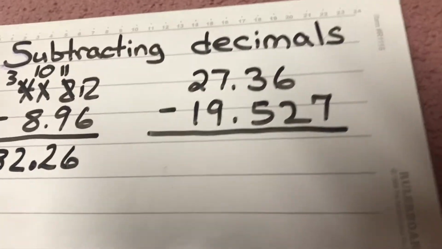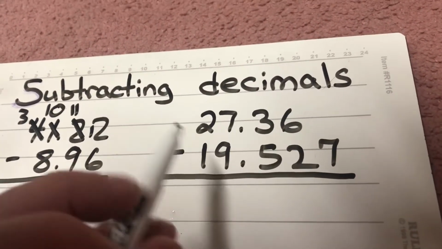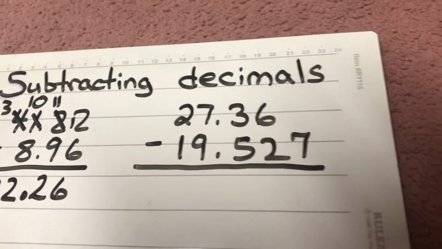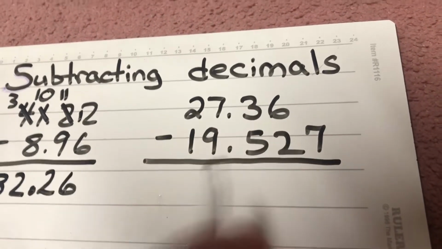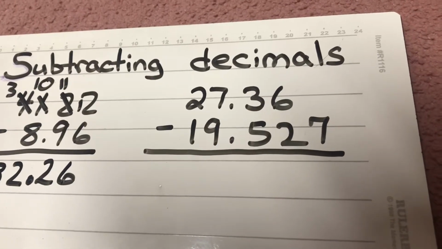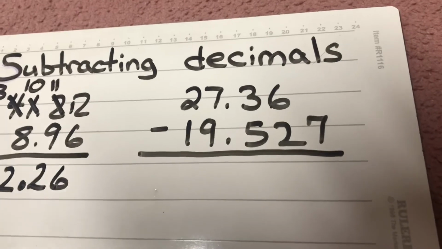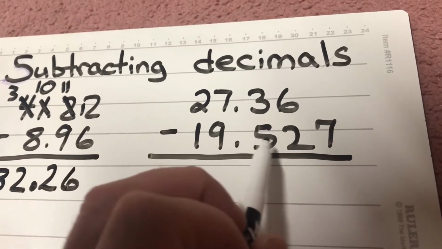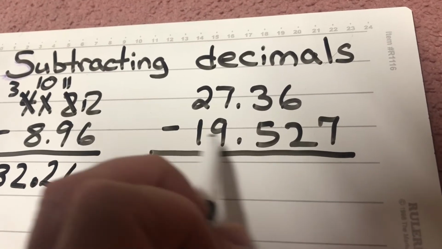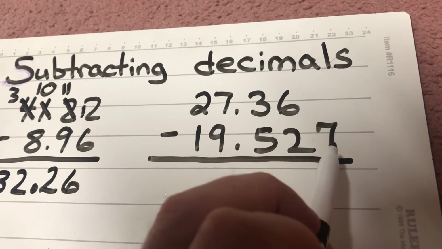Last one, subtracting decimals. 27 and 36 hundredths minus 19 and 527 thousandths. This one brings us a little different idea. There's a little different something that we're doing here that wasn't in the first two. And that is that this number here at the bottom, the number that we're taking away, has an extra number sticking out.